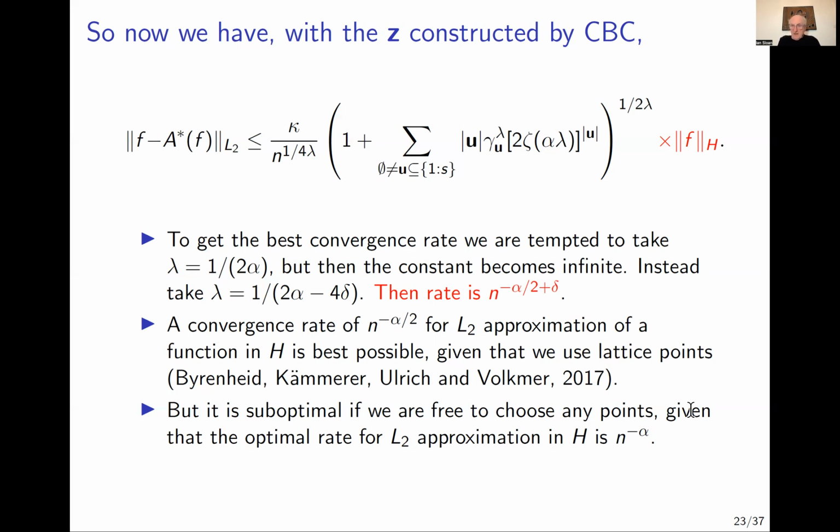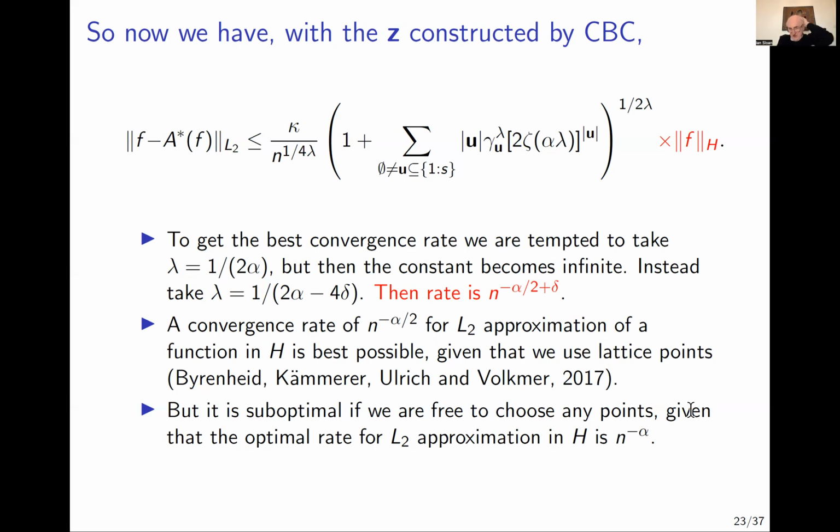That's interesting, that it's n to the minus alpha on 2 plus delta. In fact, that's the best possible convergence rate for L2 approximation that uses lattice points. It's a remarkable fact. I think it's a very clever argument by Byrenheid, Kämmerer, Ullrich, and Volkmer in 2017 that you cannot do better than n to the minus alpha on 2 if you use lattice points.